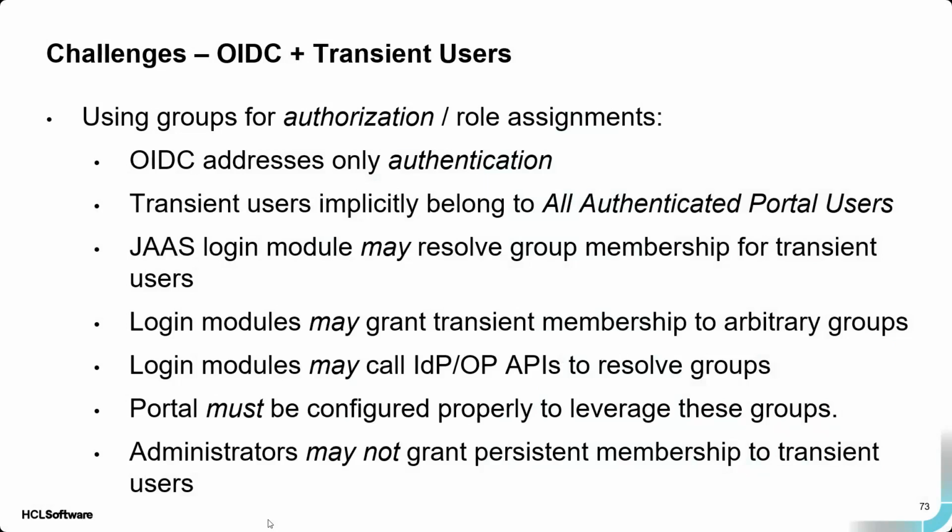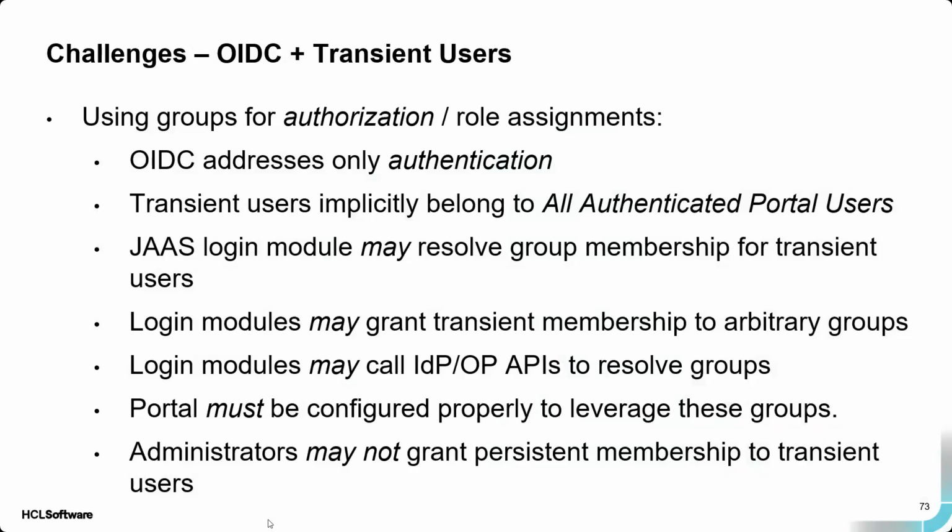So these transient users belong to only one group by default, all authenticated portal users. But you can do whatever you like within your custom JAAS login modules to resolve group membership and then assert that in the subject. The login module can grant transient membership to any arbitrary group that exists in your repository.